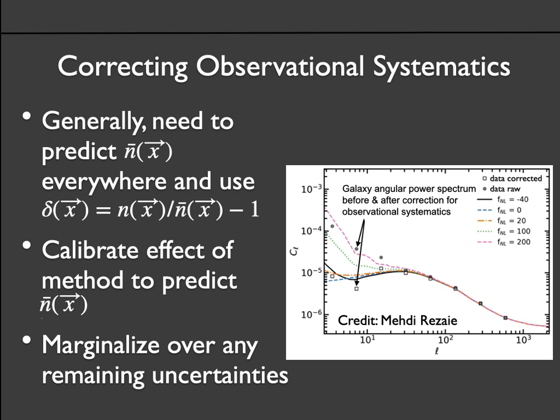And the effect of the corrections tends to appear greatest on large scales. So here at low L, this is an angular power spectrum. The largest scales are low L, and this is a nice plot from Mehdi showing how the systematic effects can mimic the effect of primordial non-Gaussianity.